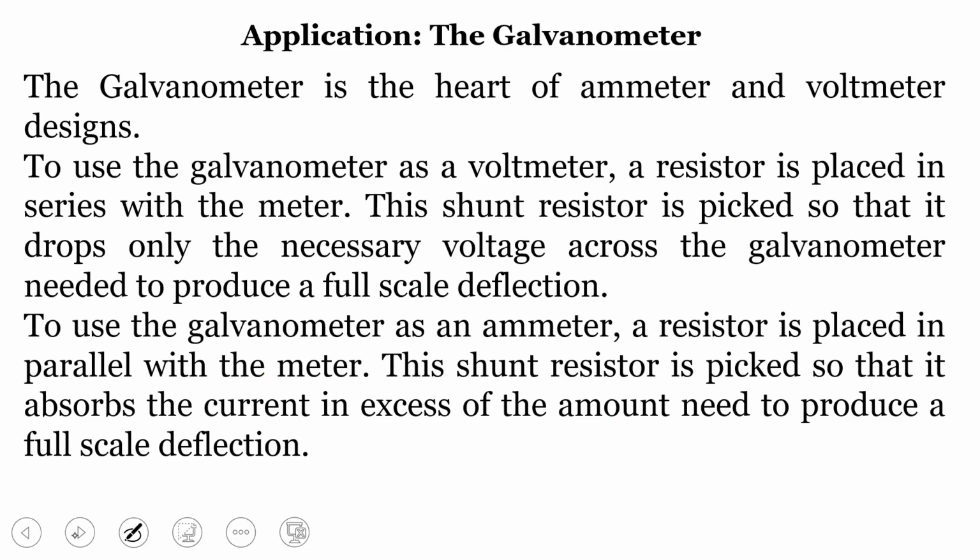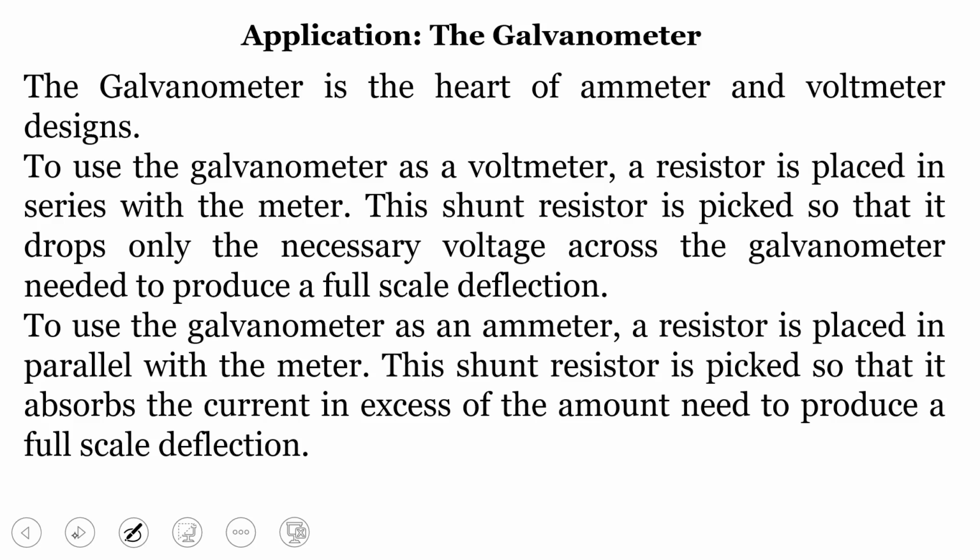So let's look at another application, the galvanometer. We've spoken about the galvanometer as a device that measures current, right? When we were talking about the Wheatstone bridge, you said it helps to measure current flow. So the galvanometer can be used as an ammeter or a voltmeter.